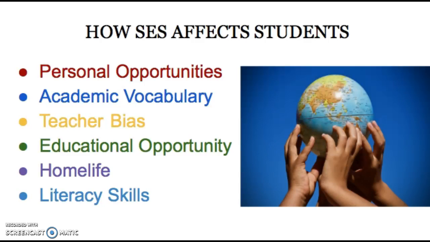Depending on their home life, their parents, and what educational level they got to might determine that academic vocabulary. And teacher bias, a really big one, is that some of these kids are stigmatized in elementary school or primary school and end up categorized by the socioeconomic status of their parents.